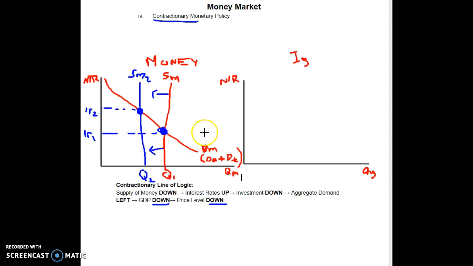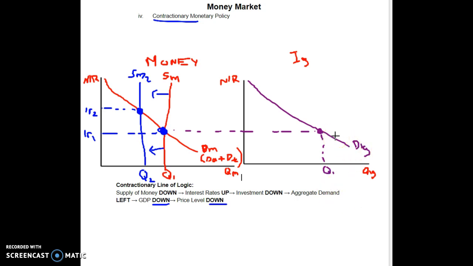That's all well and good, but how does this affect my entire economy? In order to figure that out, we have to jump over here for the demand for money as investments. So we have our downward sloping demand, which we call the DIG, D-I-G, the demand for investment. We see initially at IR1, a lot of investment was demanded, right? Because the interest rate was low and businesses buy investments like machinery and capital goods with loans.